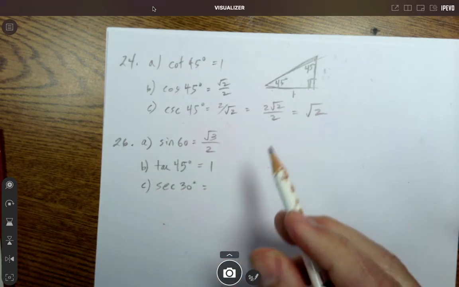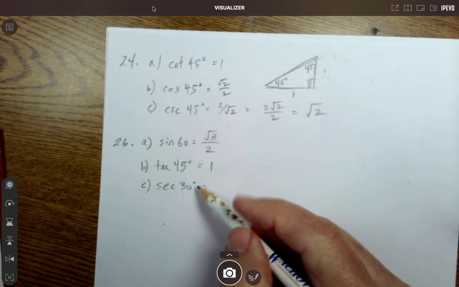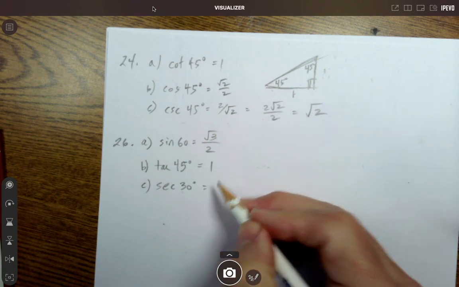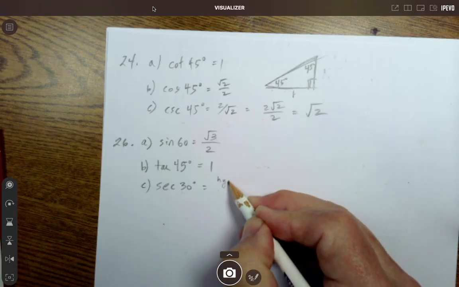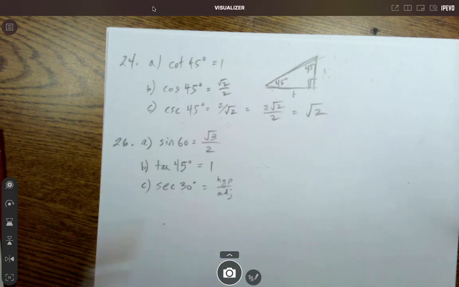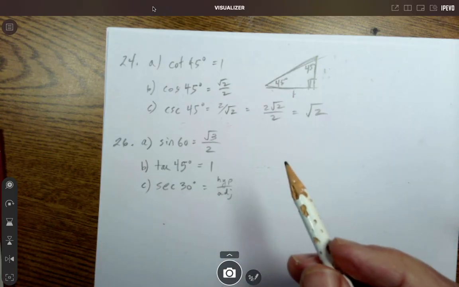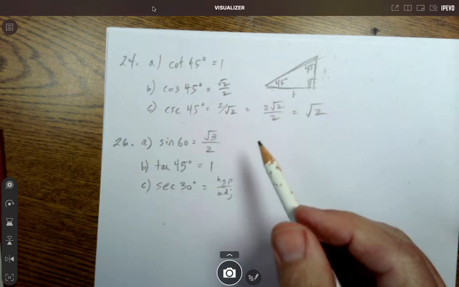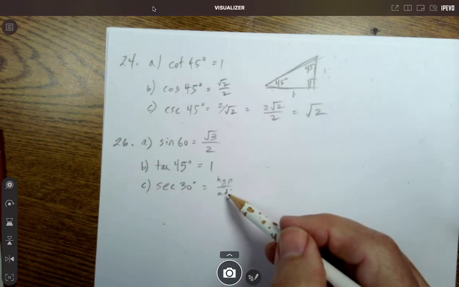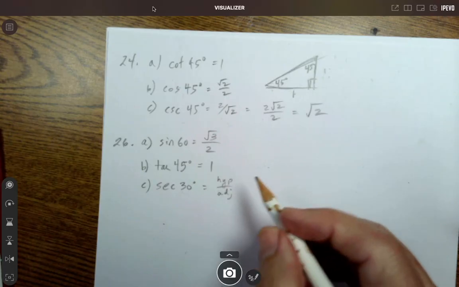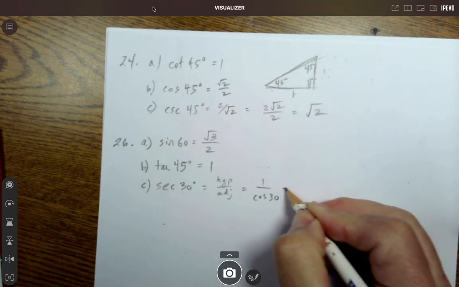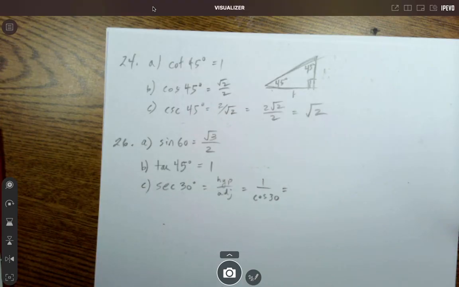Remember, secant is just the reciprocal of cosine, which is adjacent over hypotenuse. So this is hypotenuse over adjacent, right? I just flip that over. So if I know the cosine, or I could just say it's 1 over cosine of 30. That would be a better way to think of it, I guess.